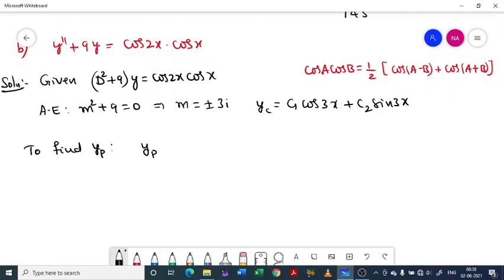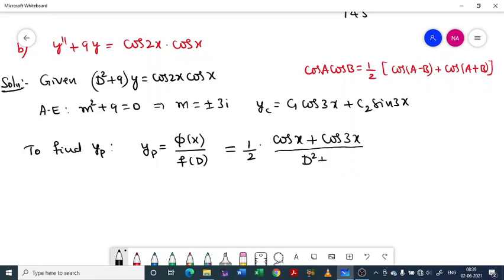So yp equal to phi of x divided by f of D. Shall I write this directly? 1 by 2 into cos of A minus B, cos of 2x minus x, that is cos x, plus cos of A plus B, cos 3x, divided by f of D. What is f of D?